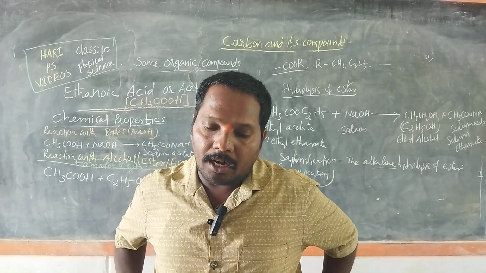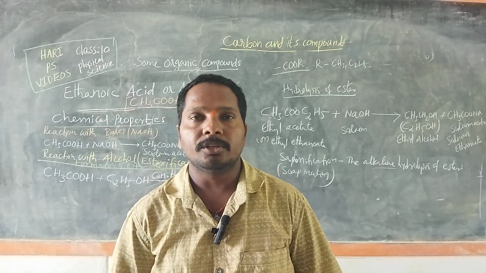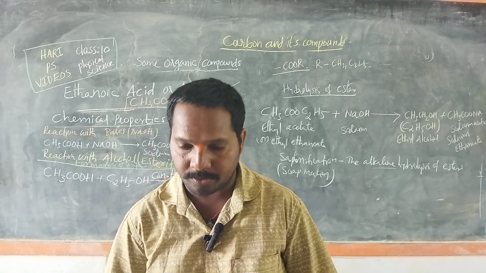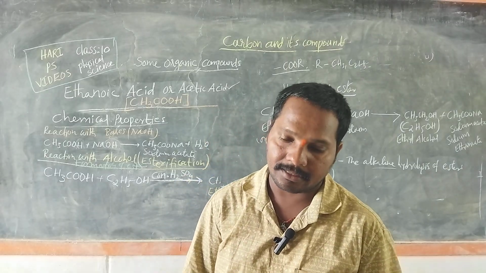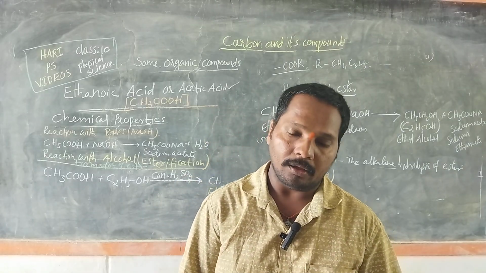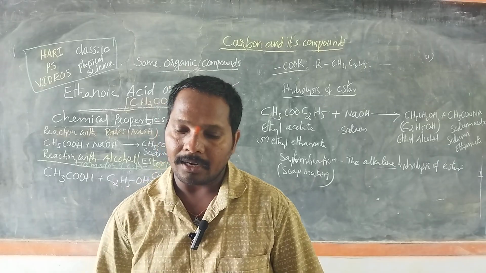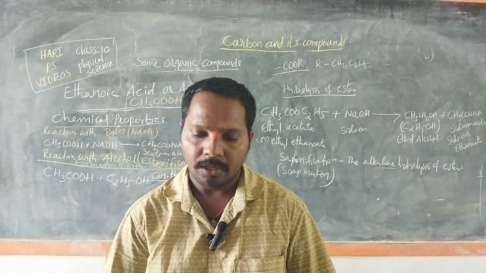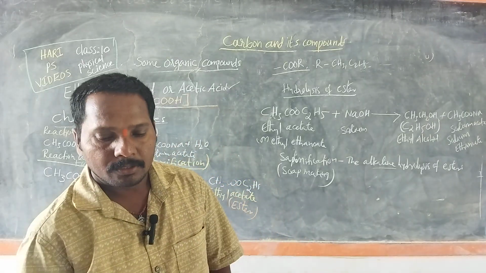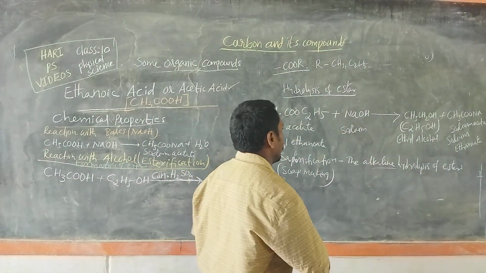So this is because of the fact that the reaction is used for preparation of soaps, when the esters of higher fatty acids with glycerol are hydrolyzed with sodium hydroxide solution, we get sodium salts of higher fatty acids.